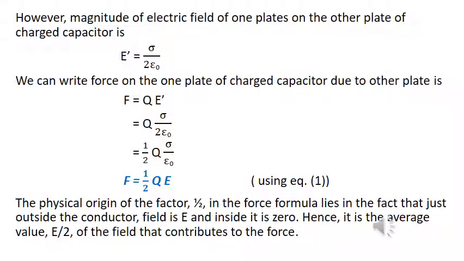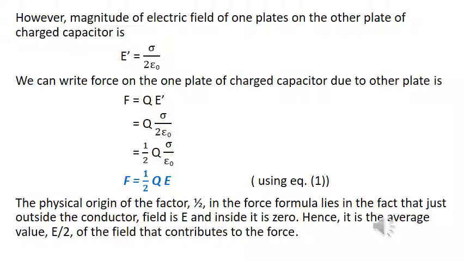However, the magnitude of the electric field of one plate can be written as E dash is equal to sigma by 2 epsilon naught. So we can write the force on one plate of the charged capacitor due to the other plate as F is equal to Q into E dash.